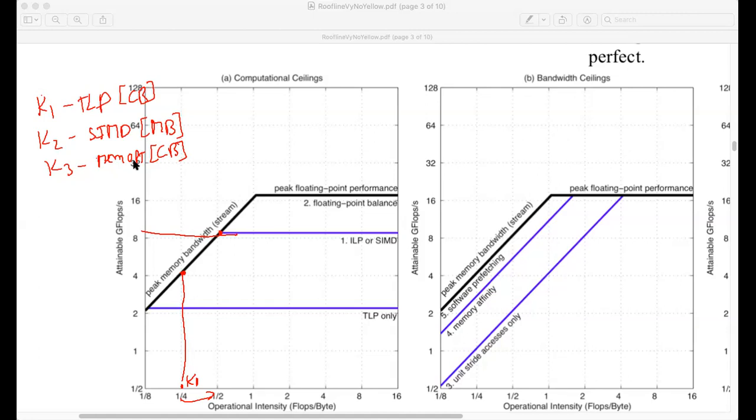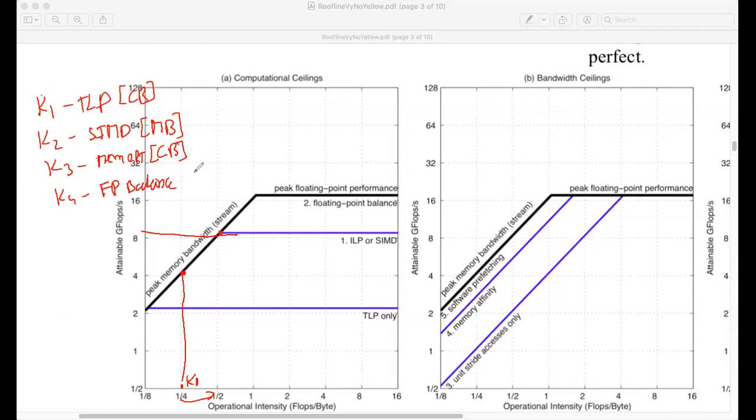So maybe you can make some program changes to get a good floating point operations balance, which again increases the attainable gigaflops to 16. That is K4, where you do FP balancing, floating point operation balancing. I hope you are able to follow my line of thinking here.